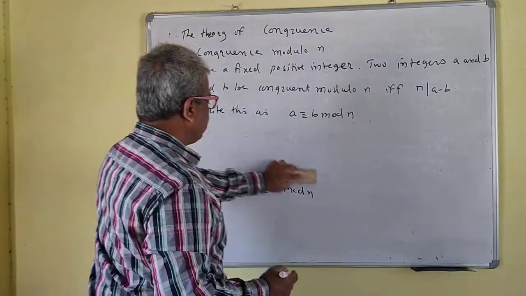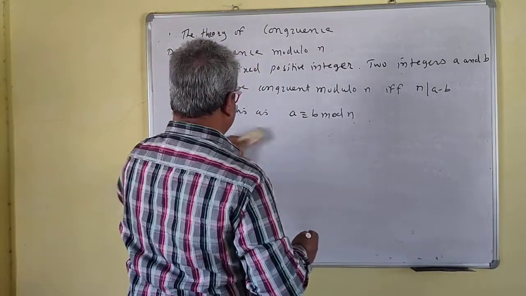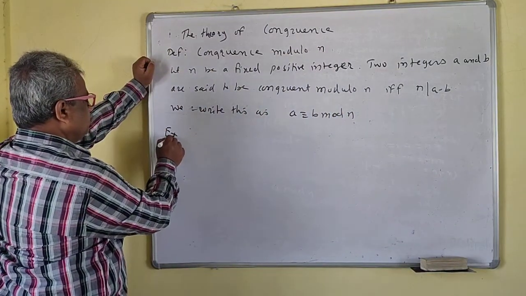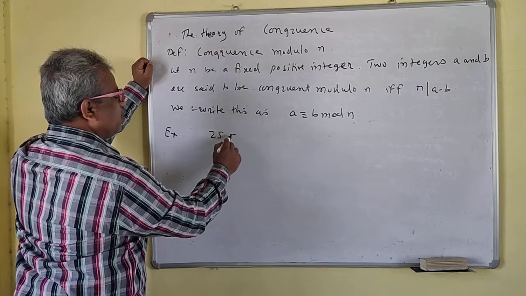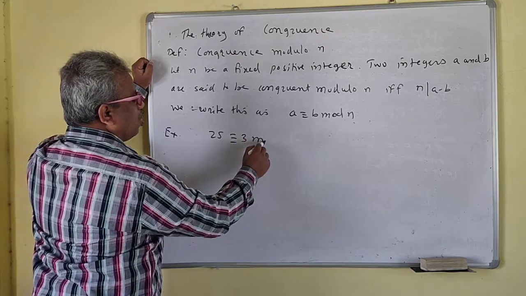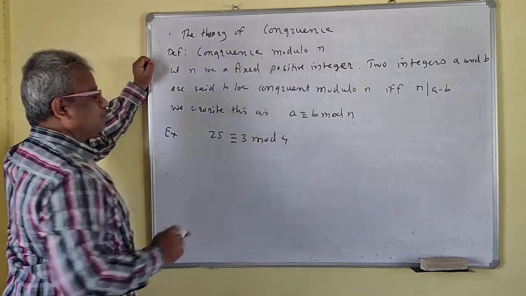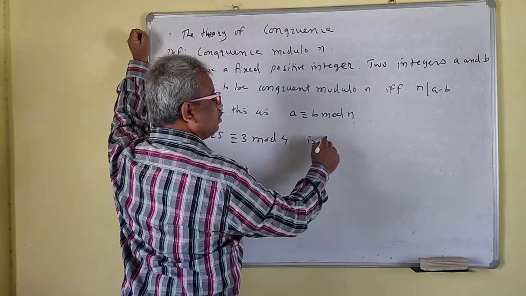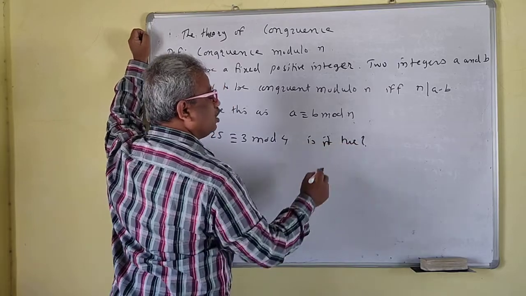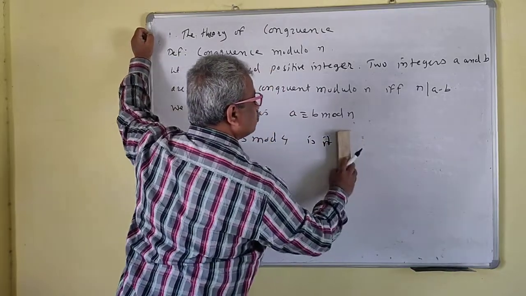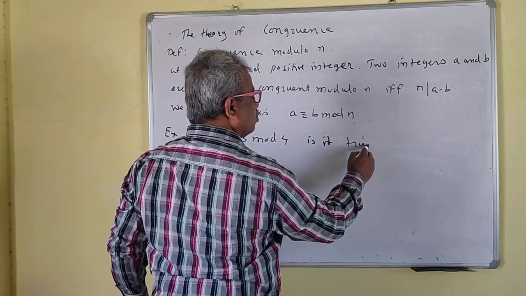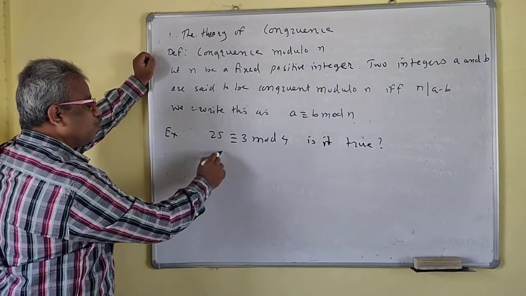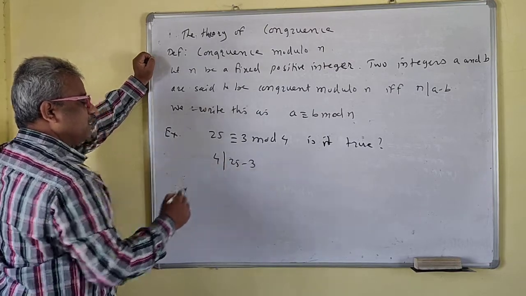Okay, so we see some examples whether this is true or not. Example: suppose I have taken 25 is congruent to 3 mod 4. Is it true? If it is true, then 4 divides 25 minus 3.